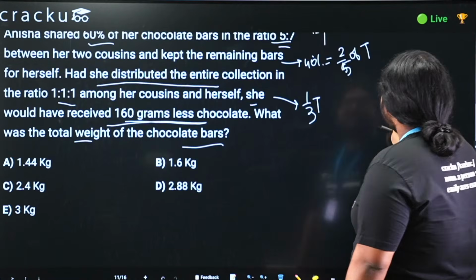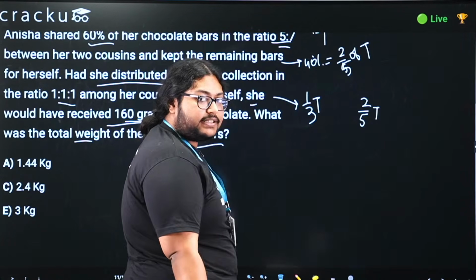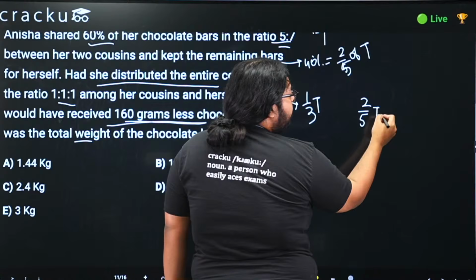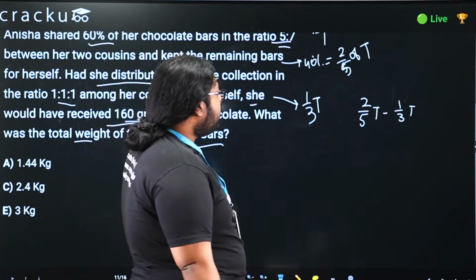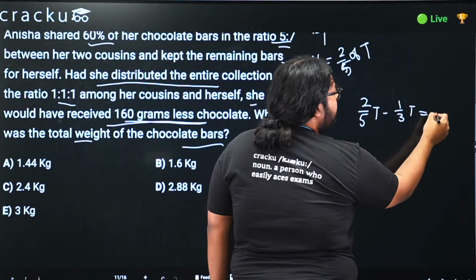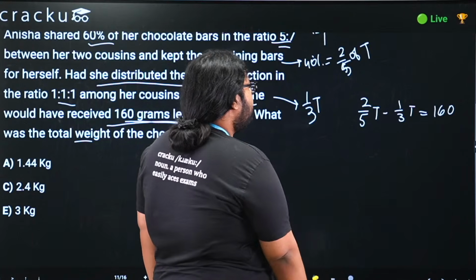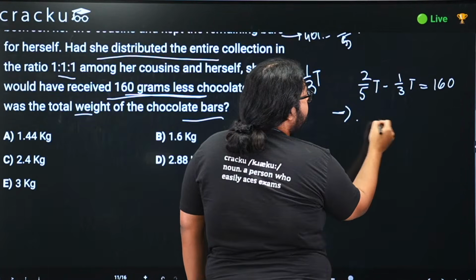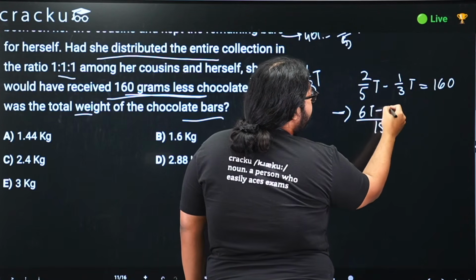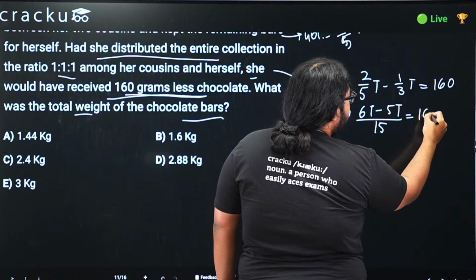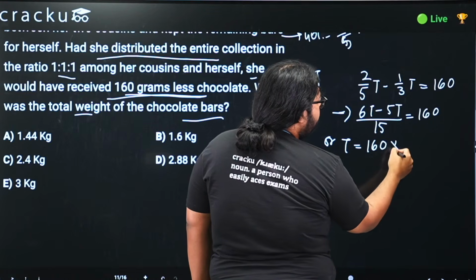So we have the equation, right? 2/5 of T is what she actually has now. If she did that, then she would have received 1/3 of T. And in doing so, she is losing 160 grams. But we need to figure out T. Solving this, 6T minus 5T should give me 160, so T is basically 160 times 15.